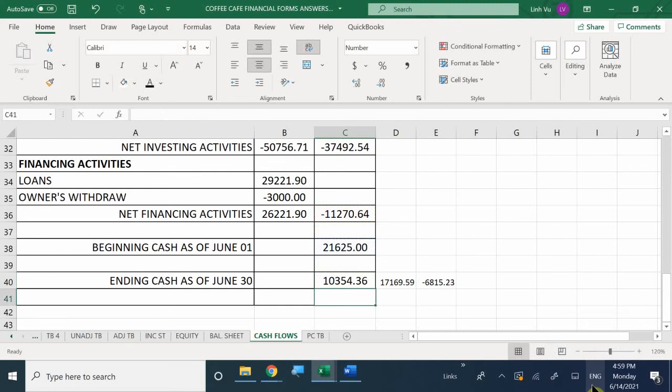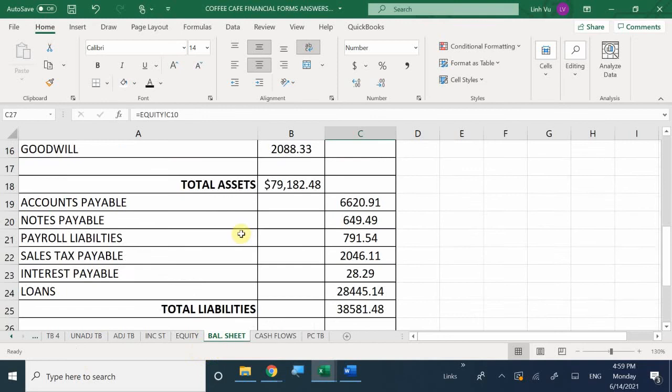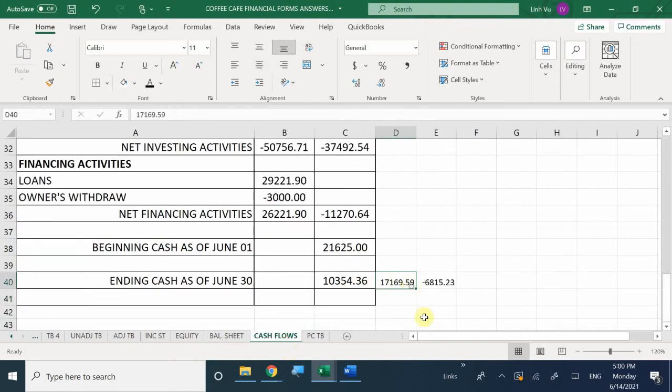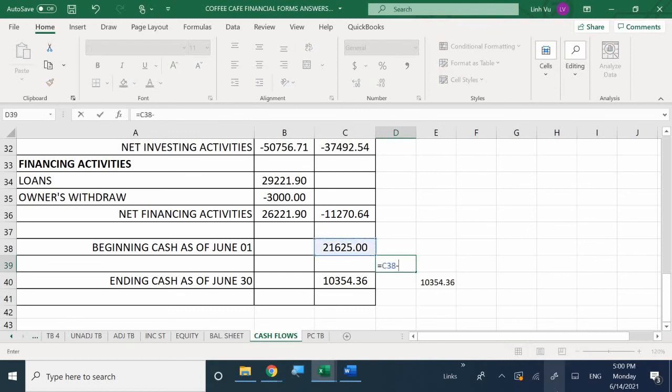Subtract the 11,000. So the amount that I should have right now in my cash account, my bank account, should be $10,354. But let's check my balance sheet. Do I actually have $10,900 and something dollars? No, I'm way off. So in this case, I'm going to place it here because this is what I'm supposed to have.